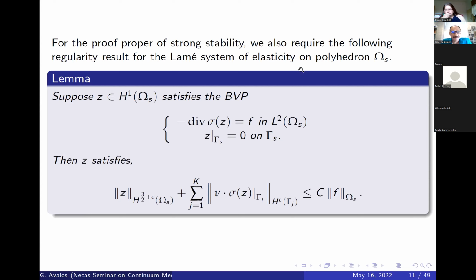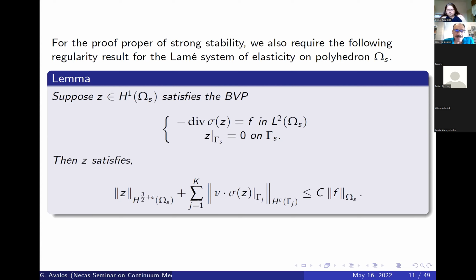Then you don't recover H2 solutions, but for our purposes, you obtain good enough. And what is more, since of course we have coupling across a boundary interface, one can make sense of these flux terms at least on each polygonal face, which is good enough for us.